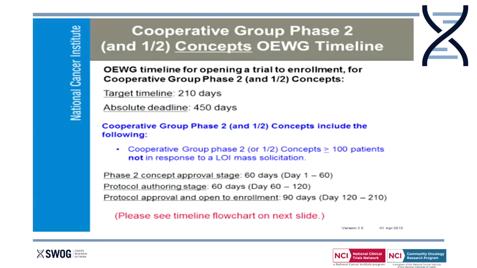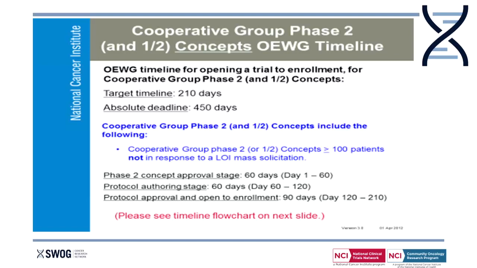One of the challenges with doing this is that there are timelines associated with protocol development, and the NCI is pretty strict about this. The Operational Efficiencies Working Group, probably about 15 years ago, met and determined for the NCI that we really needed to make more of an effort to ensure that the science got to patients as quickly as possible.